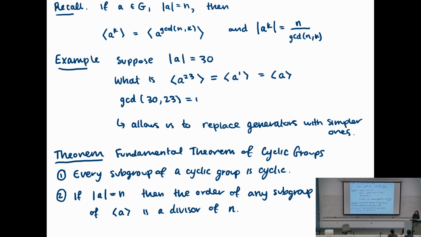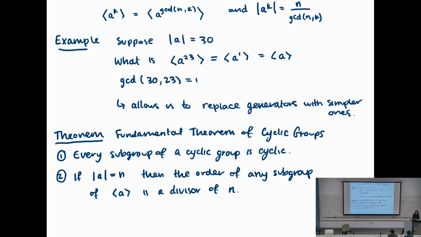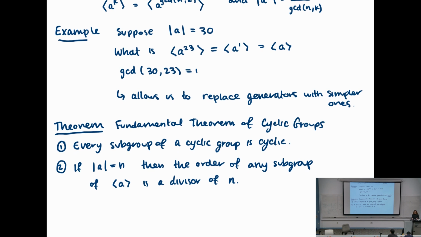Okay, so this is maybe not that surprising based on the examples that we've seen, that the order of subgroups will divide the order of a group. So that is going to hold true in a more general setting, but we'll prove it later. But for now, we'll just get the statement for cyclic groups.